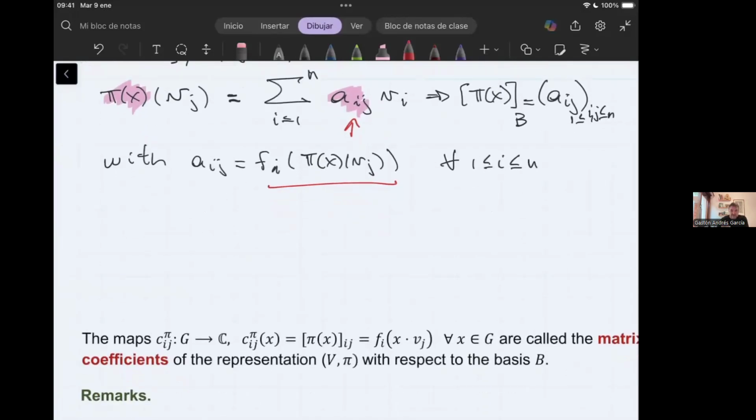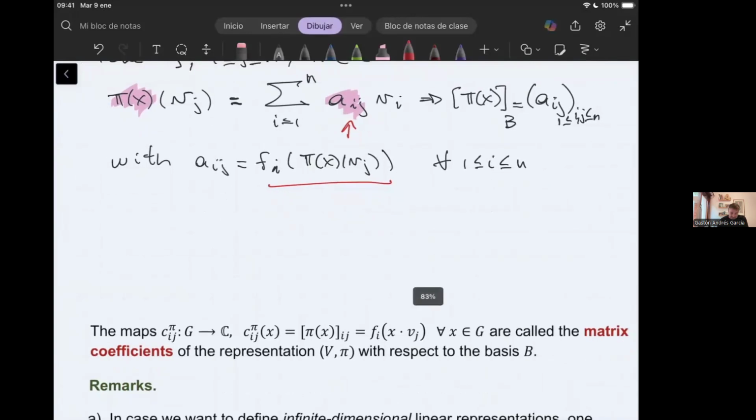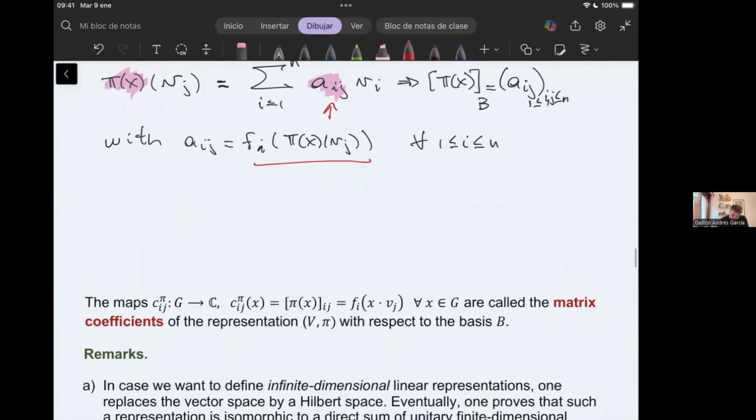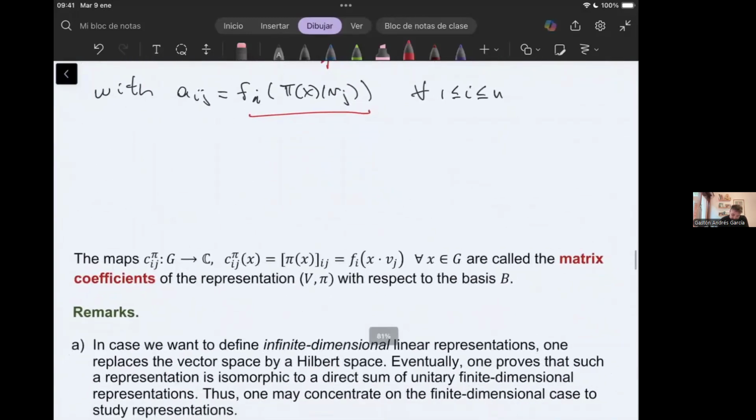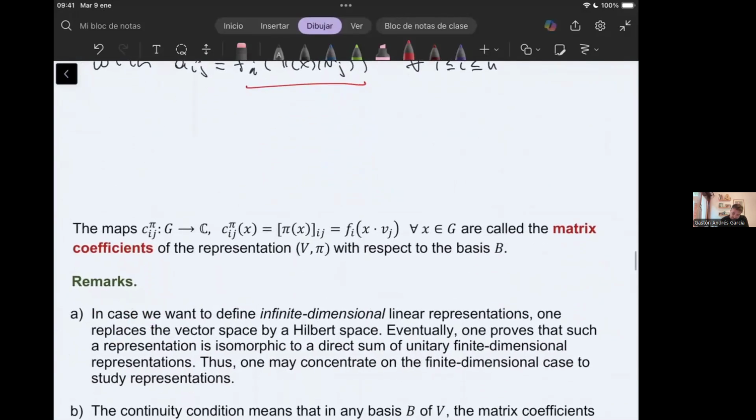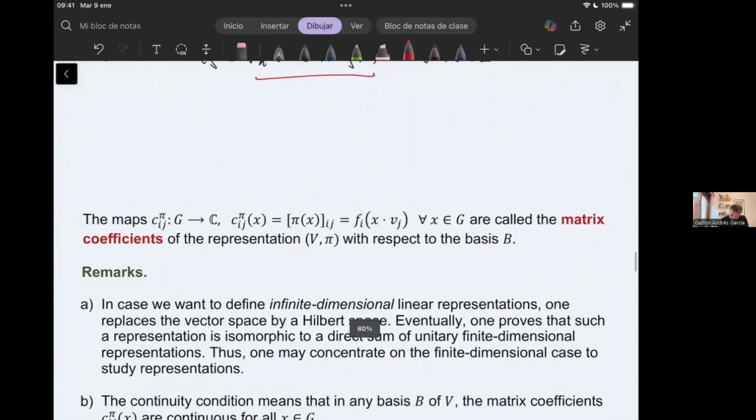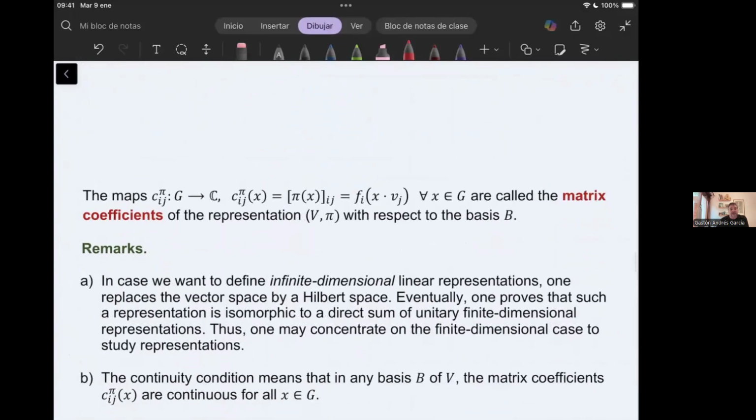Since we have a nice formula for these things, we put a name for that. We call these things matrix coefficients. And this is going to be very important for the course of Christian, if we want to understand something.